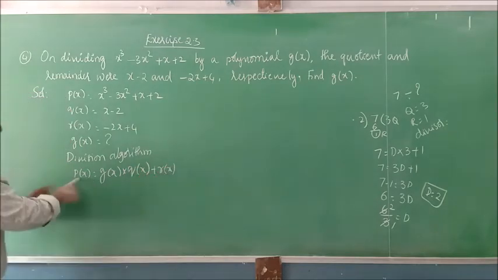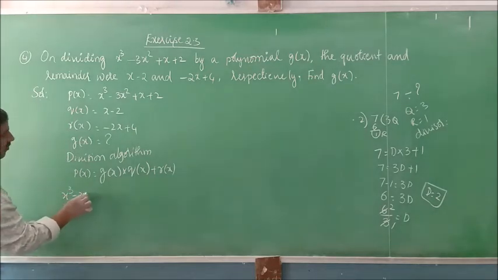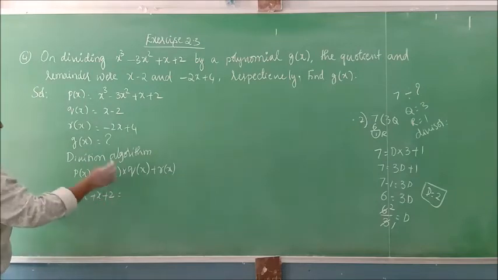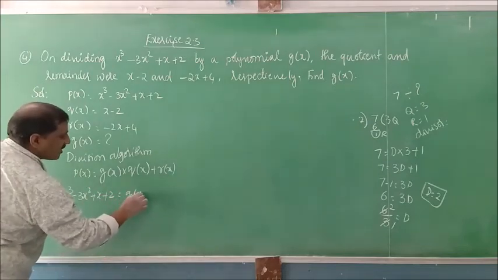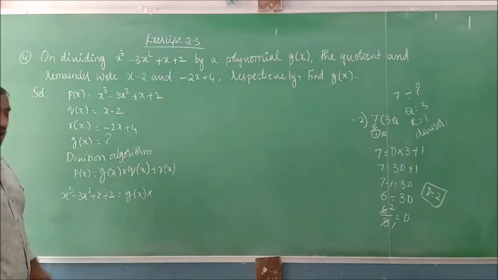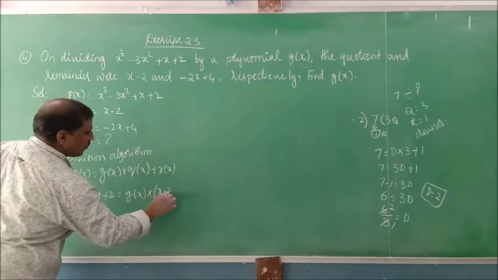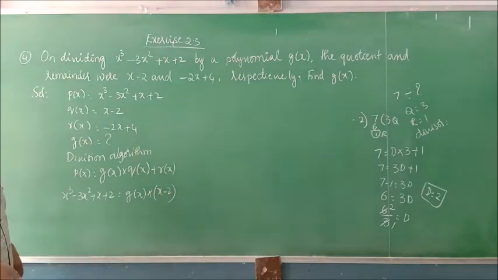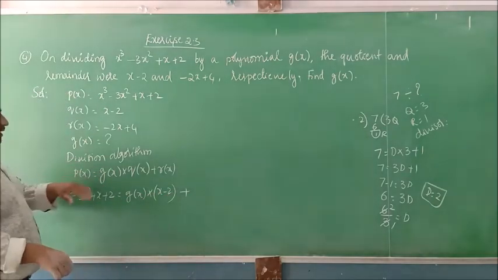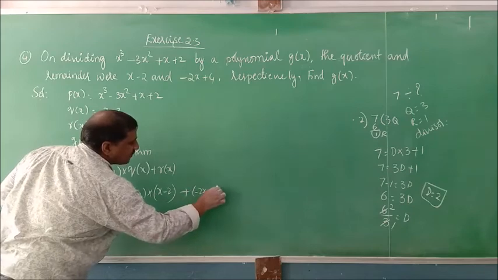Now write p of x as x cube minus 3x square plus x plus 2, that is equal to g of x, we don't know, write this g of x as it is, into q of x, which is x minus 2, plus r of x, which is minus 2x plus 4.